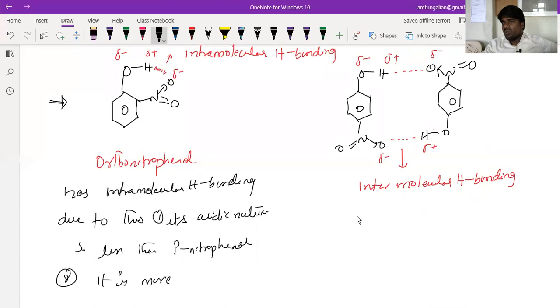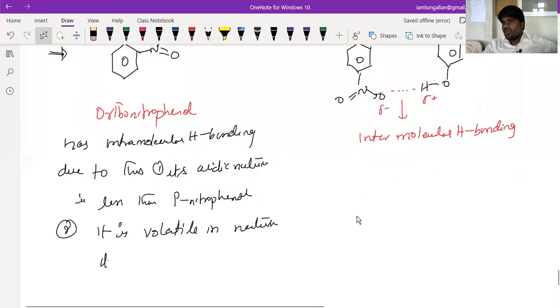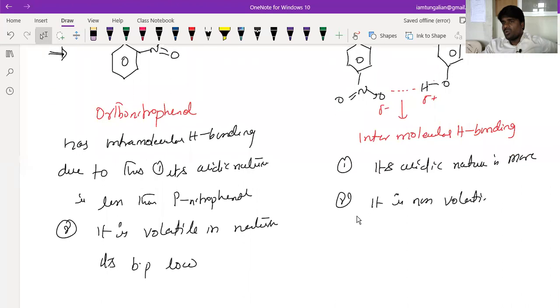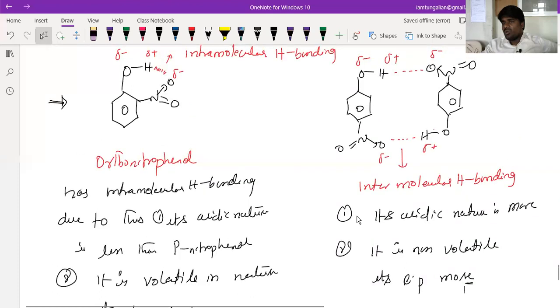Second, it is more volatile in nature. Volatile means its boiling point is less; it vaporizes at low temperature. Those that do not are called non-volatile.